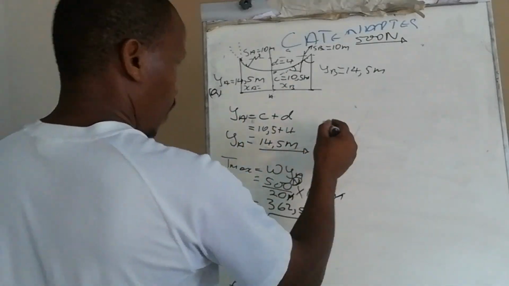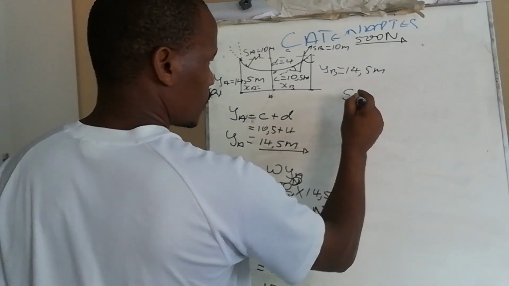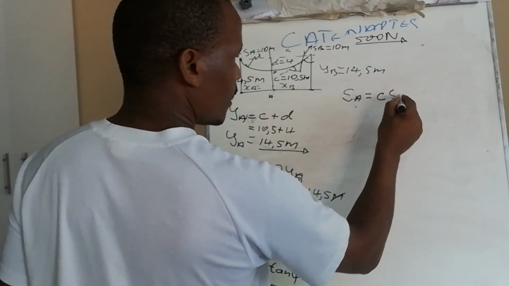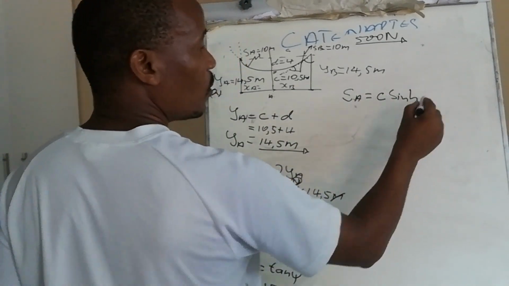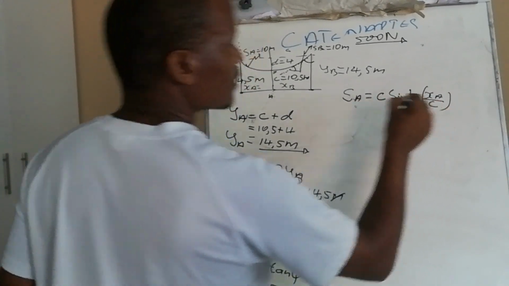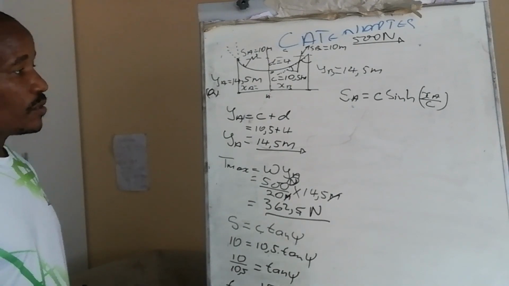Now, SA is equal to C hyperbolic cosine of XA over C. This is the formula you can use.